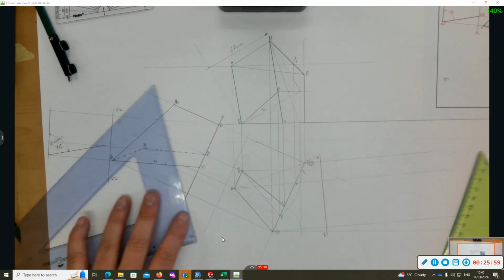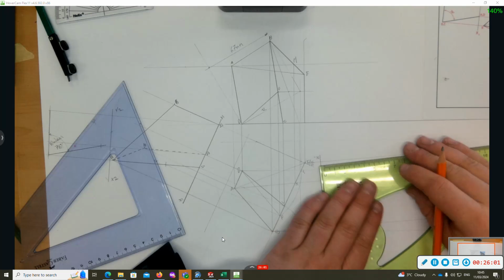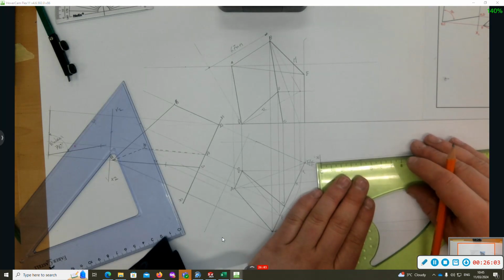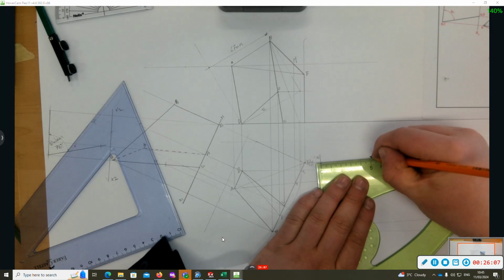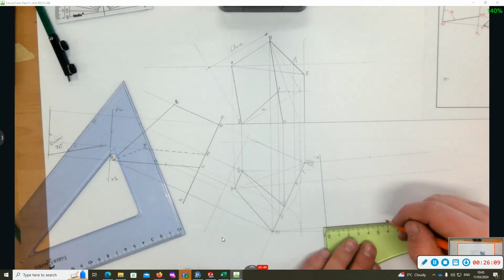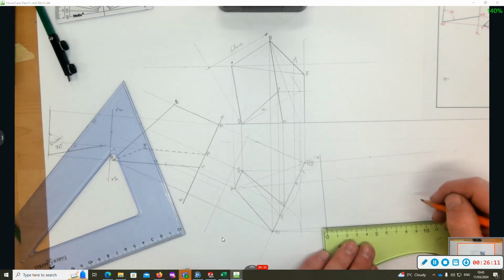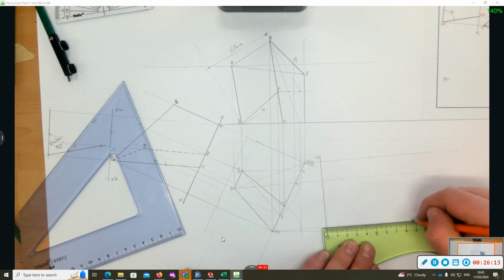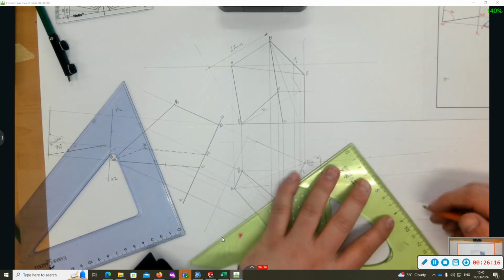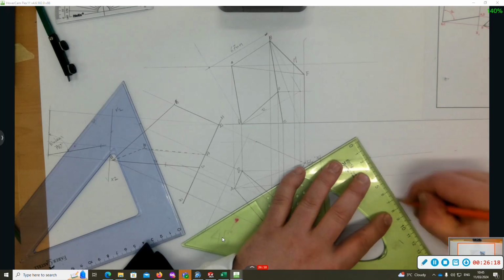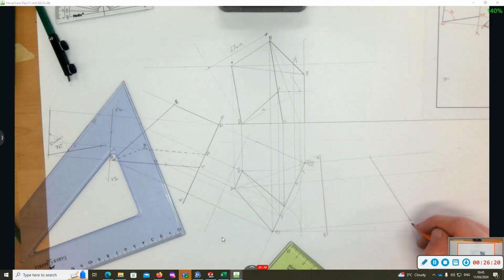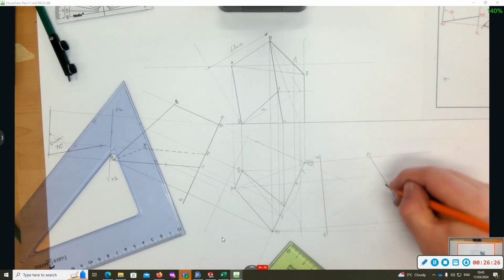I'm going to get my height from elevation. So I know the altitude of F is 50. I know the altitude of B is 85. So I'm going to mark in 85. I'm going to join them together. So this is B1. This is F1, and that's A1 slash M1.